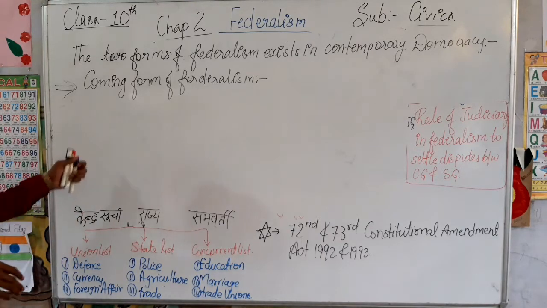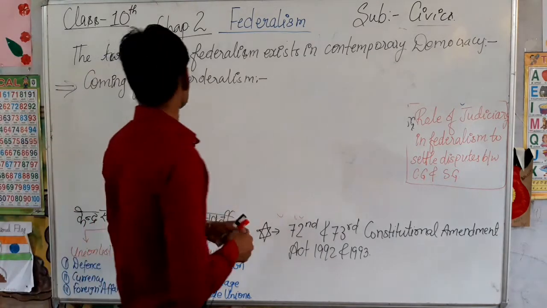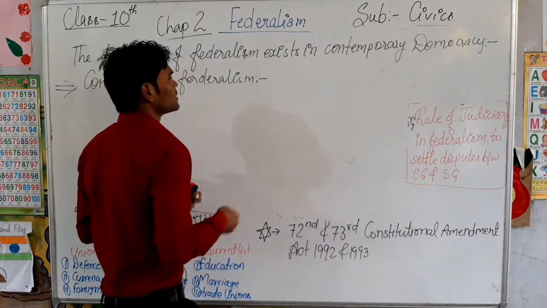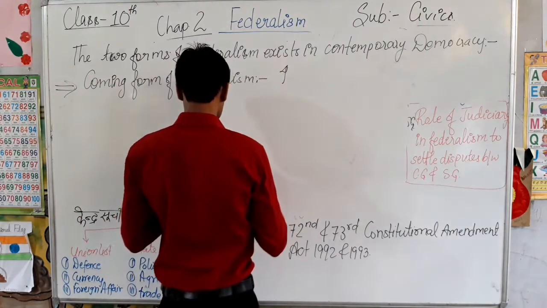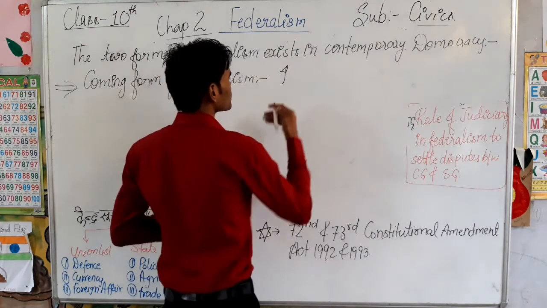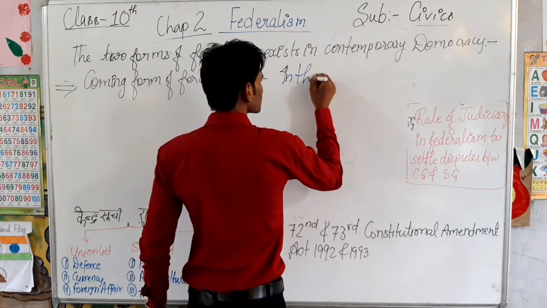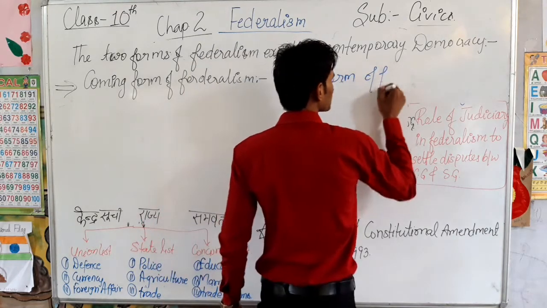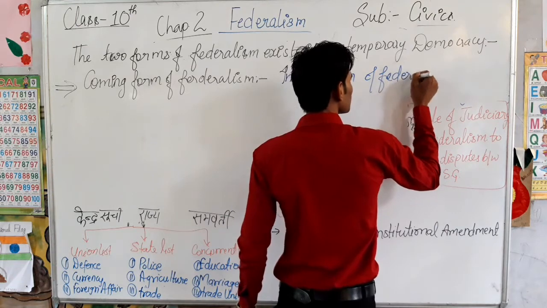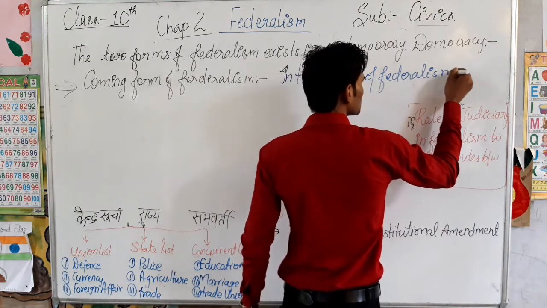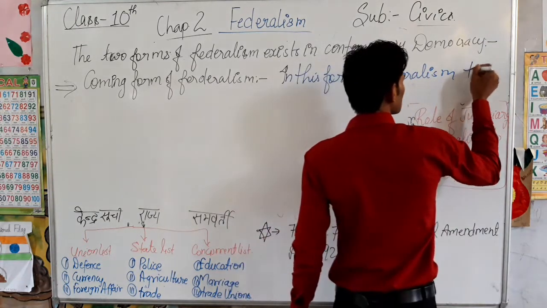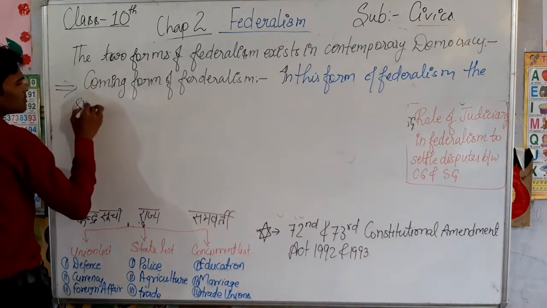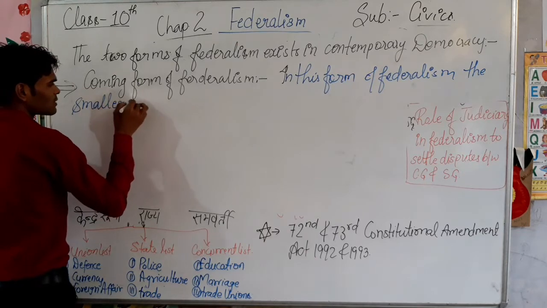So you can write here, in this form of federalism, the smaller units.